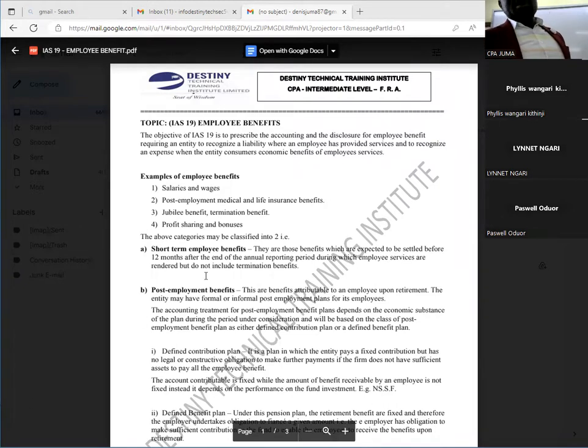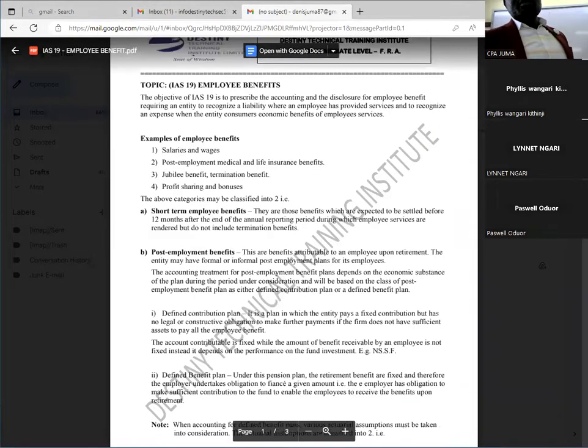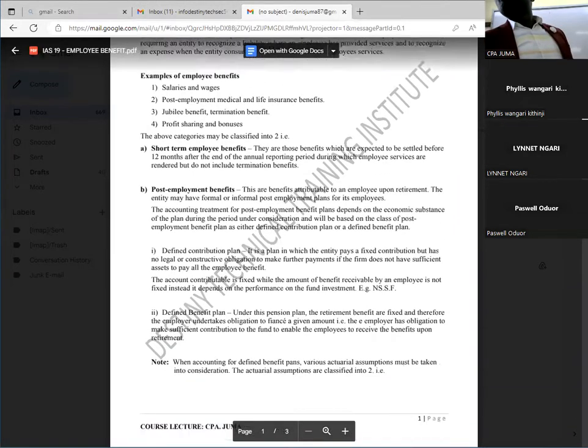Jubilee benefits are which benefits? When an employee turns 50. Then profit sharing and bonuses.